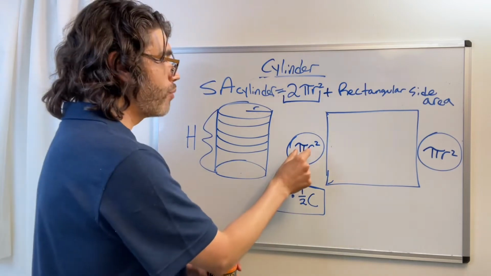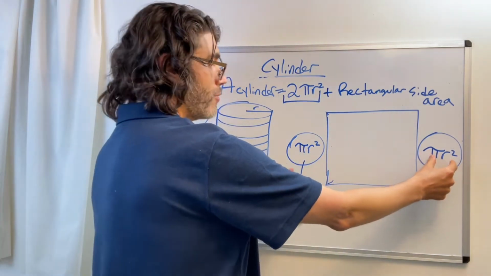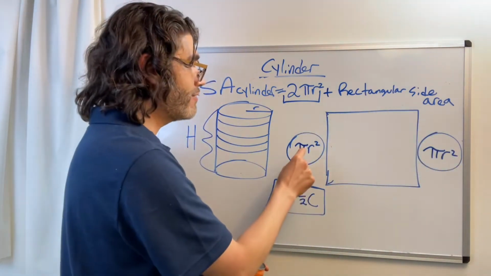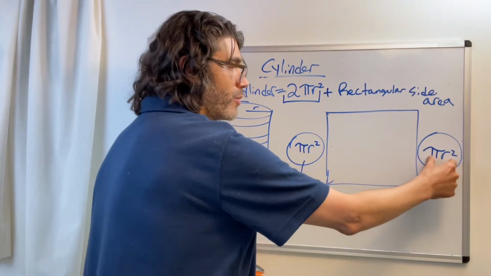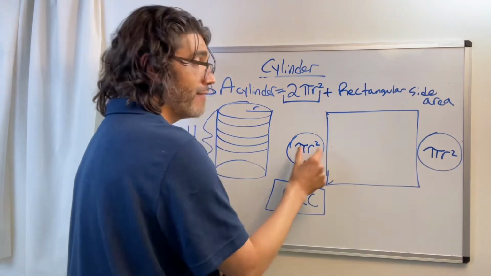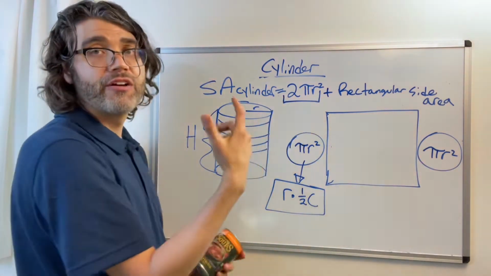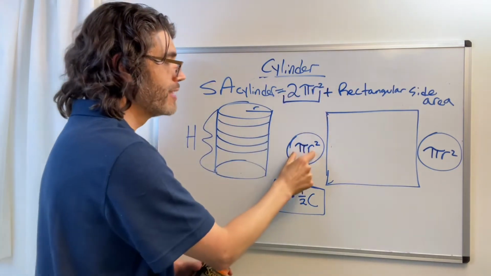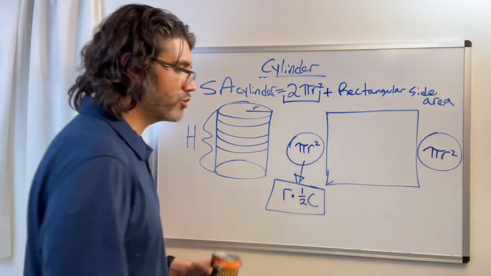If I have 1 pi r squared for this circle, and another pi r squared for this circle, and I want to add them together as part of the net of a cylinder, I would have not 1 pi r squared, but 2 pi r squared. That's why this part of the formula for a cylinder is 2 pi r squared. It comes from adding up the top and the bottom circle.